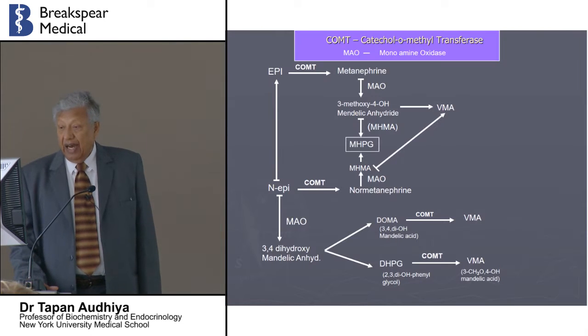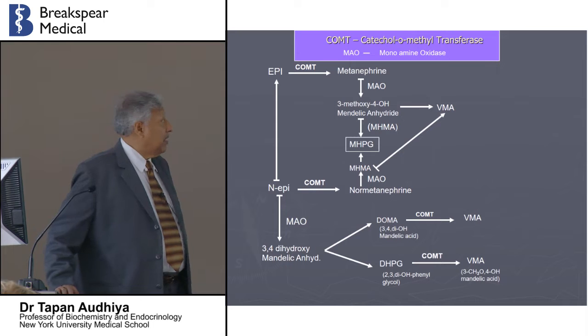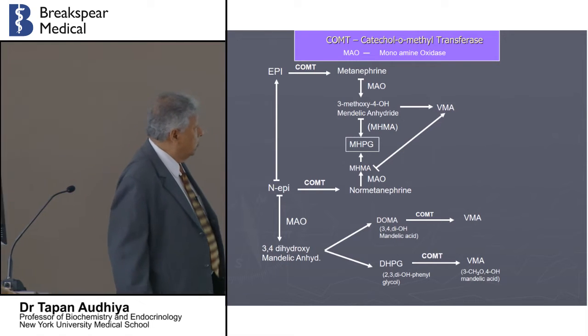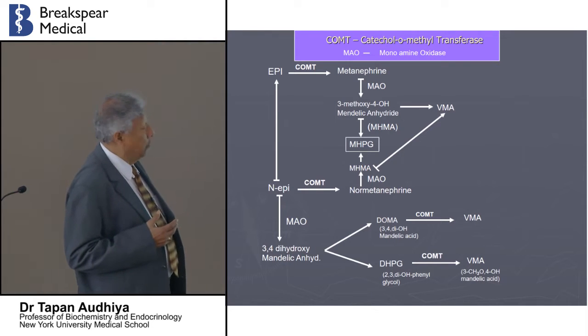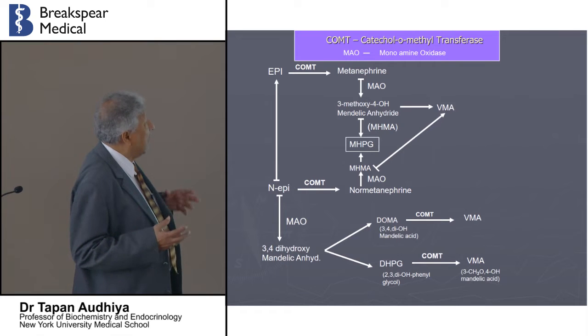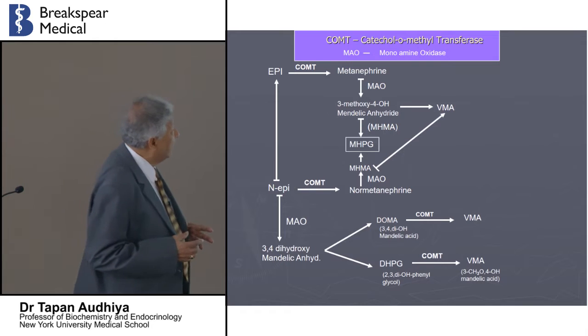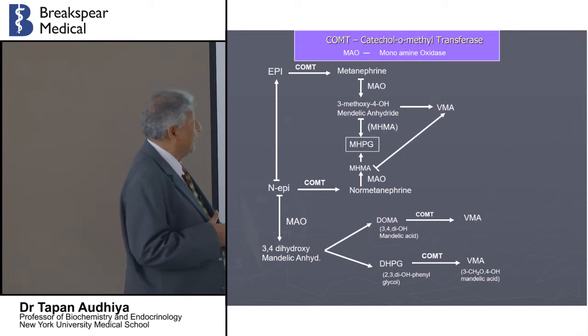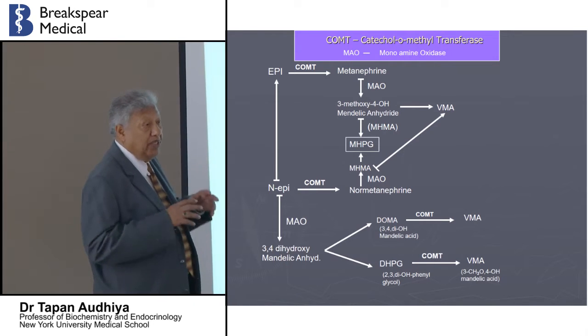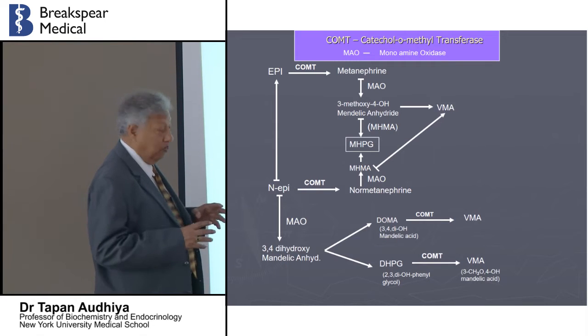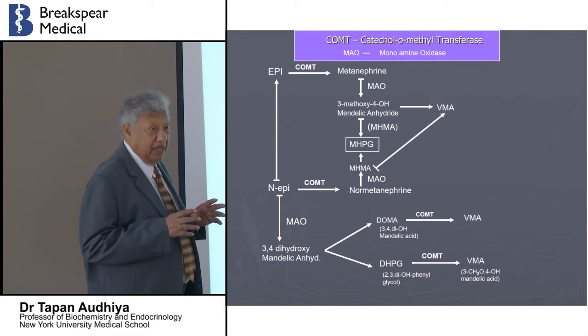Okay? Now, besides this methionine cycle, there are two other enzymes we will be talking about, because they are directly interlinked with this methionine cycle. One is COMT, catechol-O-methyltransferase, which helps break down the neurotransmitters.